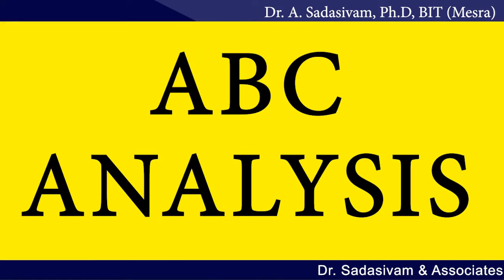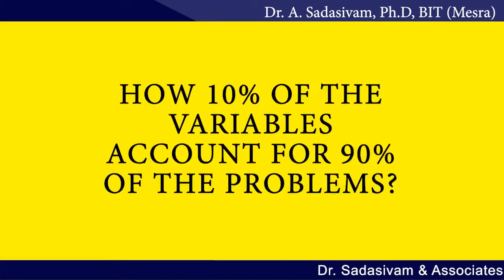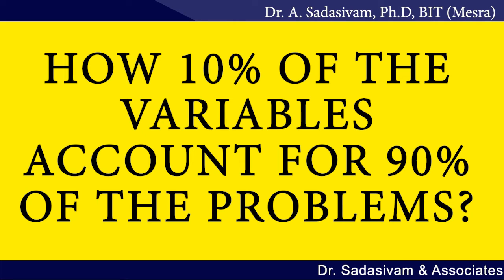In the context of prioritization, we will be talking about various theories like ABC analysis and Pareto analysis, which typically talks about how 10% of the variables account for 90% of the problem. So it's important for us to identify those 10%, typically called the vital few and trivial many, because many leaders spend too much time on trivial things without focusing on the main things.